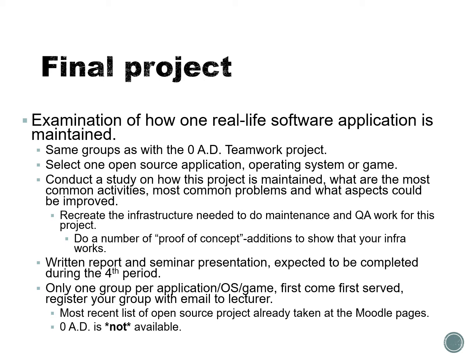So focus on something that interests you, also something that might be useful for yourself. Or if you have hobbies which use software, then of course it might be worthwhile to consider combining that with this examination of how open source projects are maintained and developed further after their initial release.